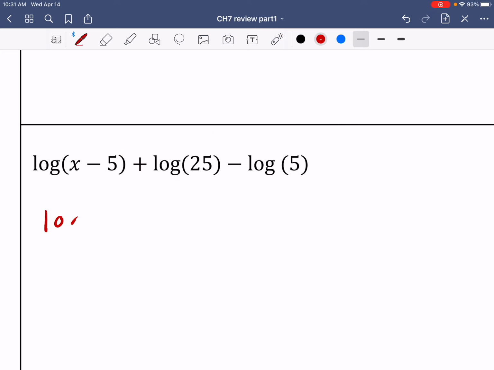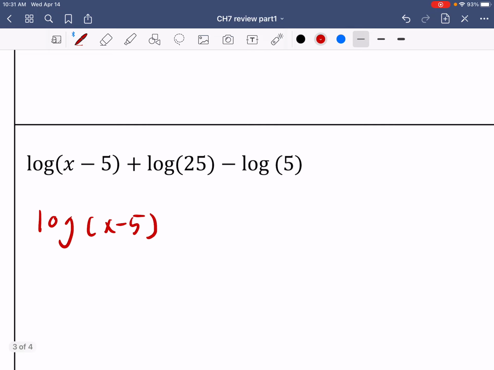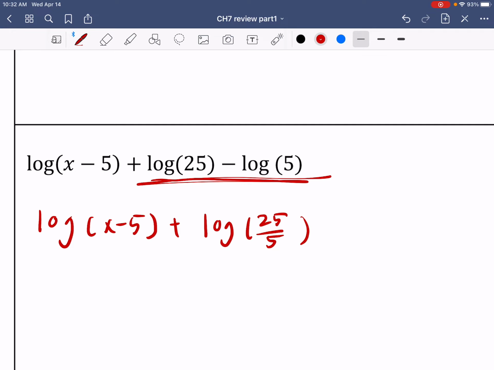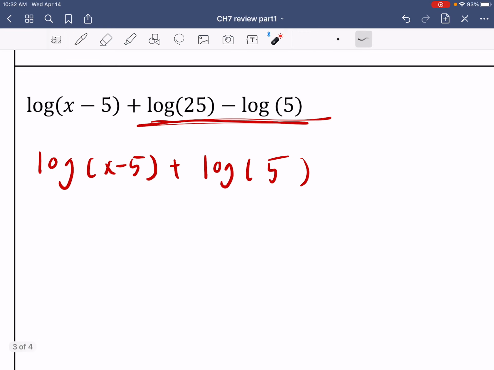So it's gonna be log base x minus 5. And since they have the same base, you can just do log 25 minus 5. So it's divide, right? 25 divided by 5 is 5. So we just simplified these two.